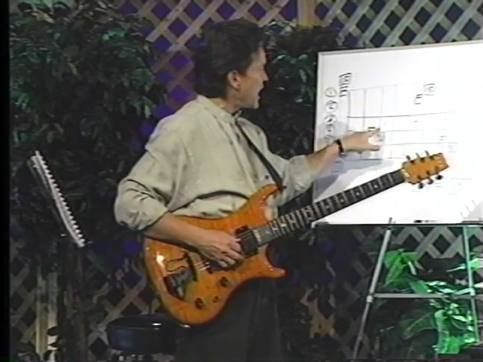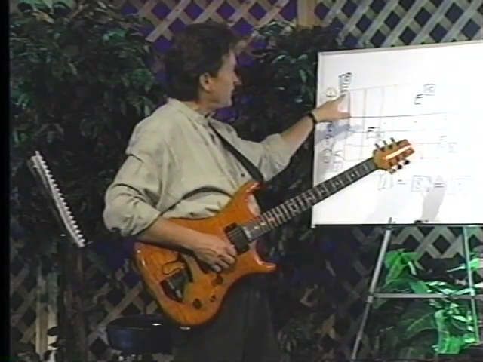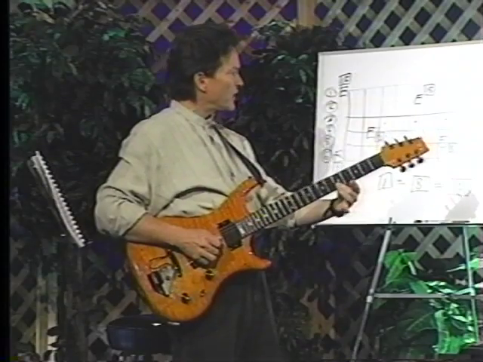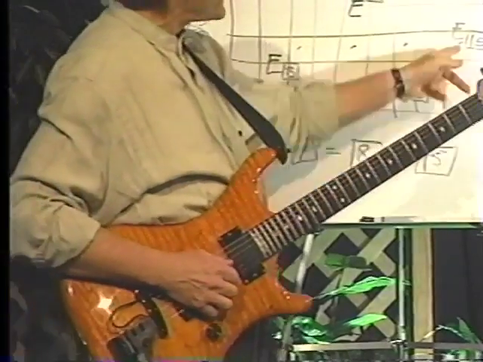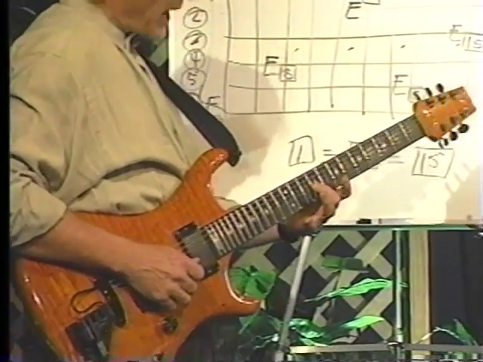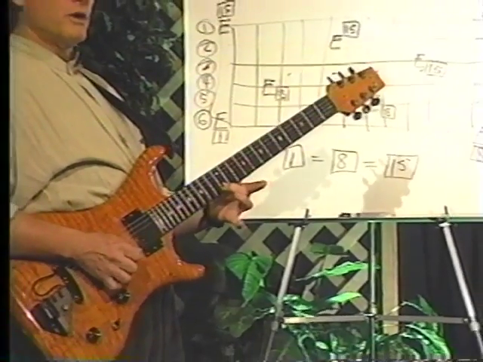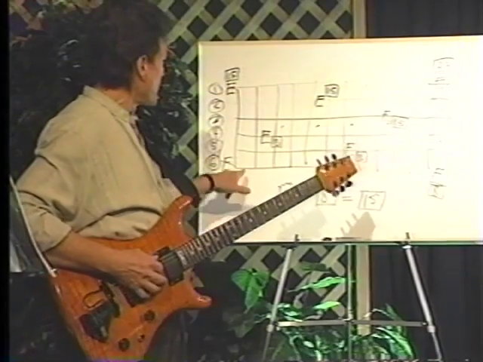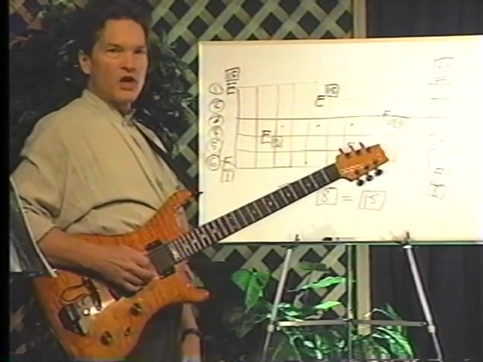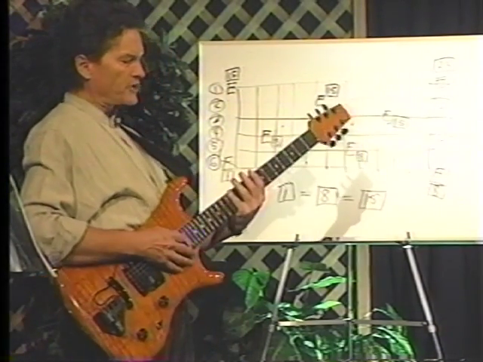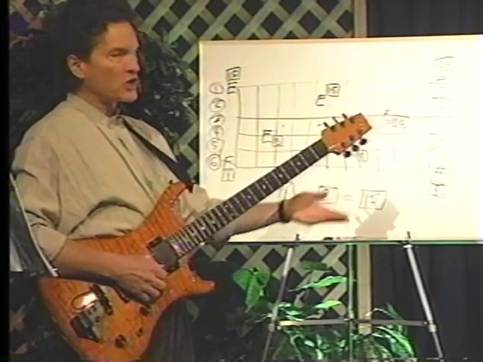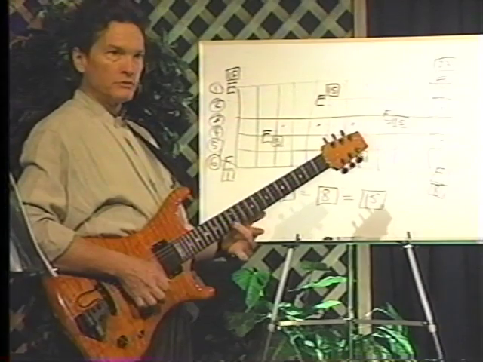Now, tone 8's octave is 15, so I can have 15 as a 1st string open, 15 on the 2nd string, and 15 on the 9th fret of the 3rd string, and then this tone 22, which is the 3rd octave of E. So here's tone 1 E. Now we have tone 8, tone 8, tone 8, tone 15, tone 15, tone 15, and tone 22.